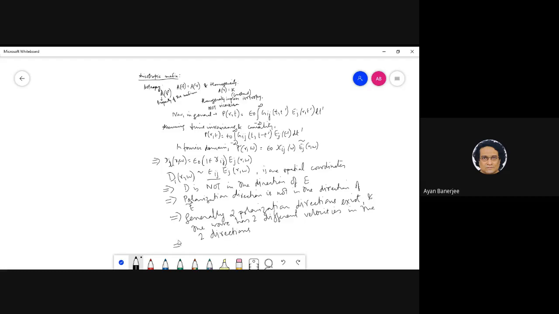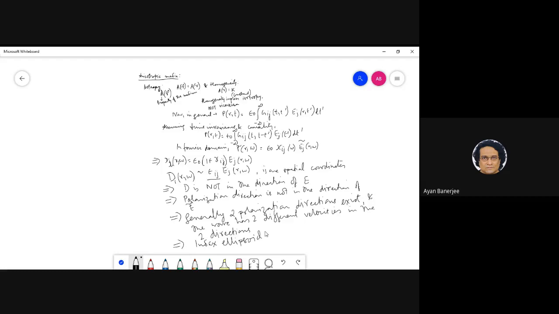And then there is the concept of an index ellipsoid, which is basically a surface where the wave energy is constant. This is where we shall hopefully end today's class, a surface where the total energy density is constant.